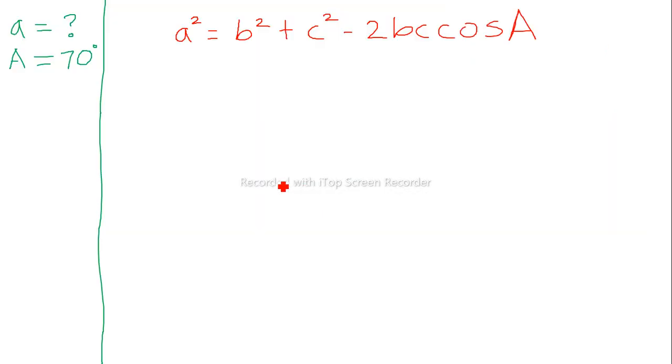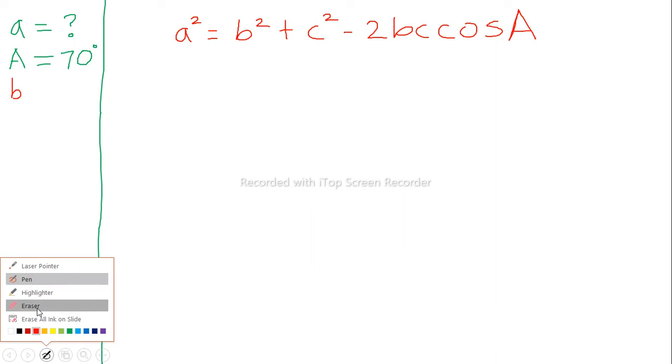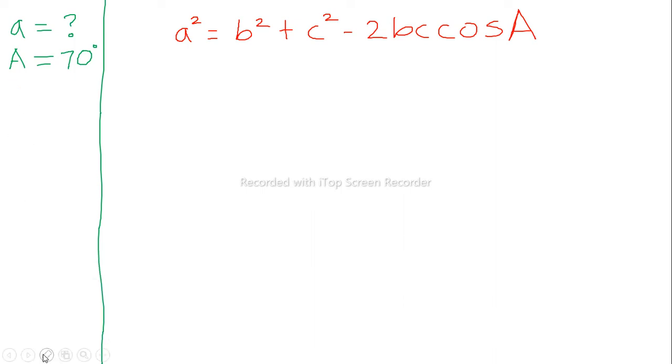B is 130 by choice, okay? Once again, we can play around with that. B is 130 and C is 75, and it doesn't affect the answer at all. And so let's go.